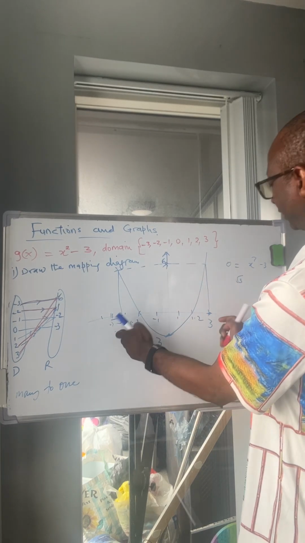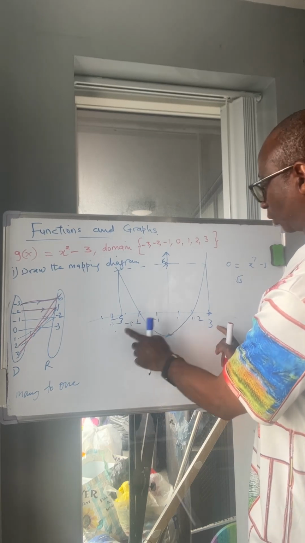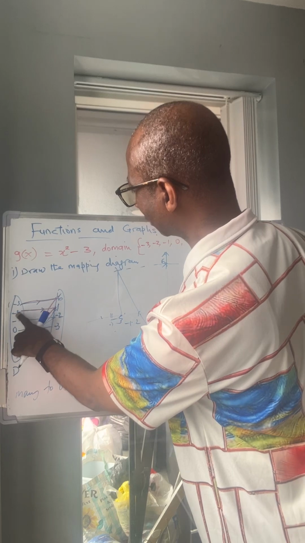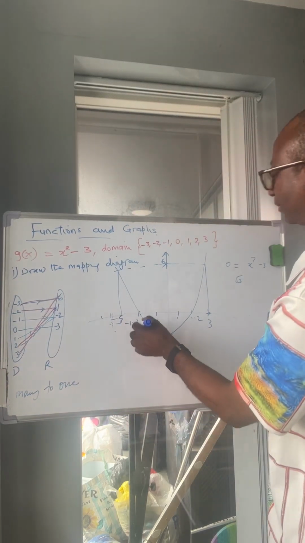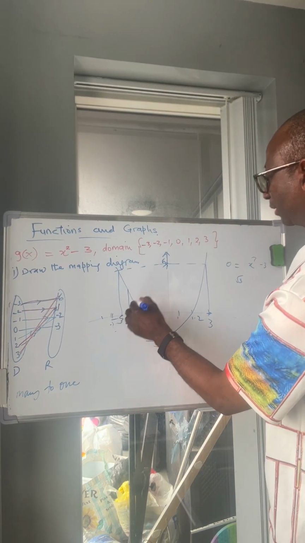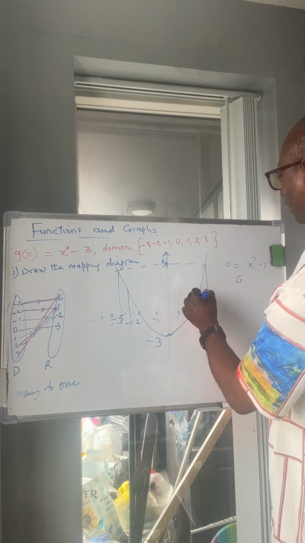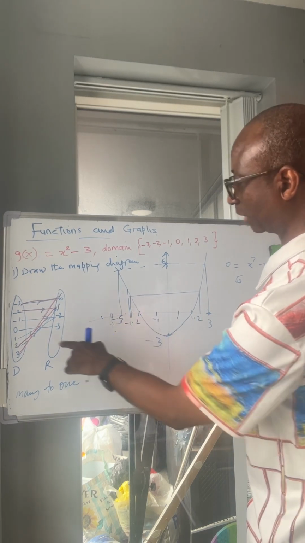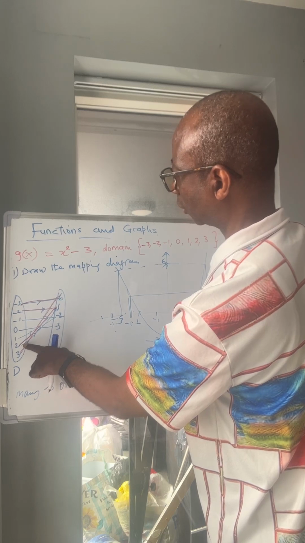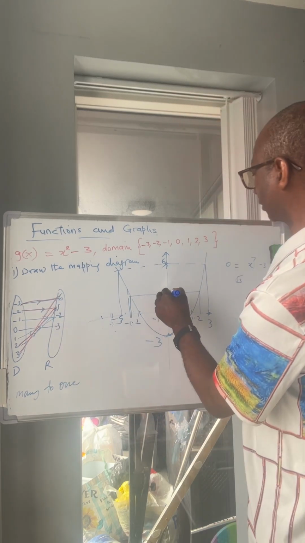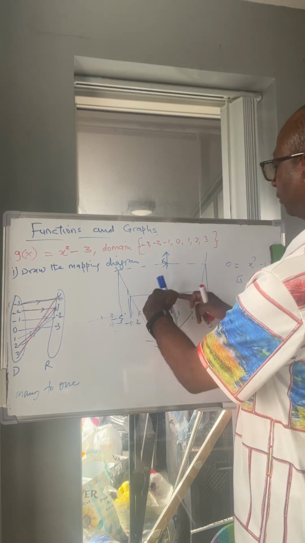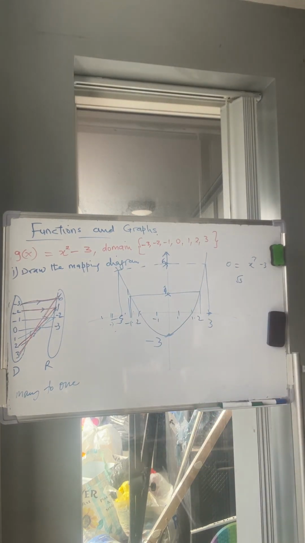So this is many because it's no longer 1: many to 1. You have another one here: minus 2 and 2 are doing the same thing. Minus 2 and 2 are pointing to 1. Thank you for watching. Bye-bye.